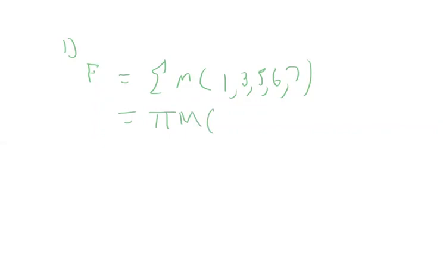It says F is equal to sigma M of 1, 3, 5, 6, and 7. Convert the canonical min term to a canonical max term. So then you write pi, product, capital M. What do you put in here?